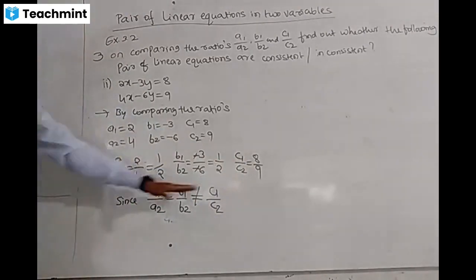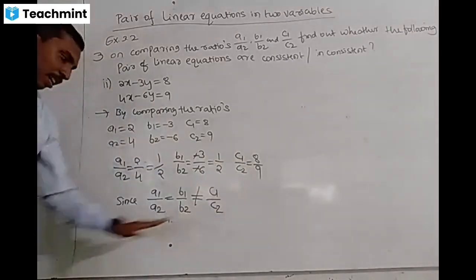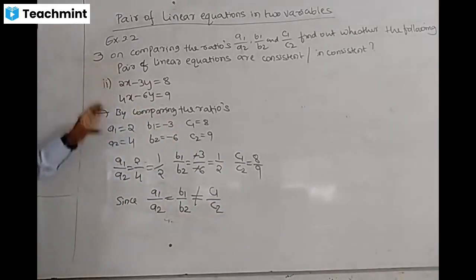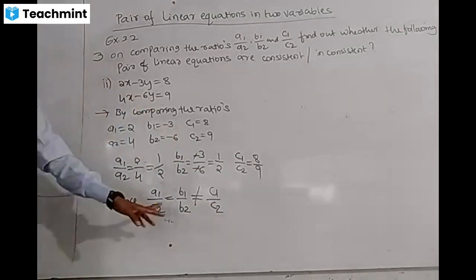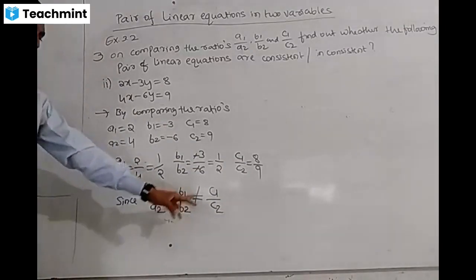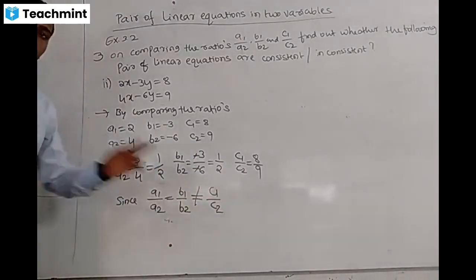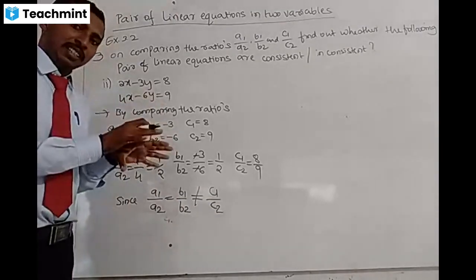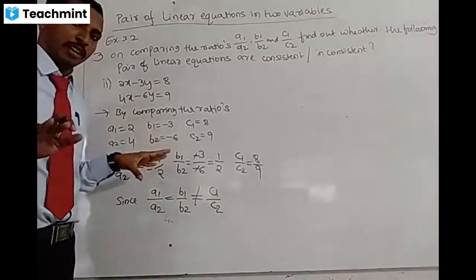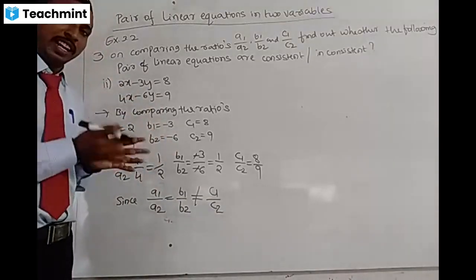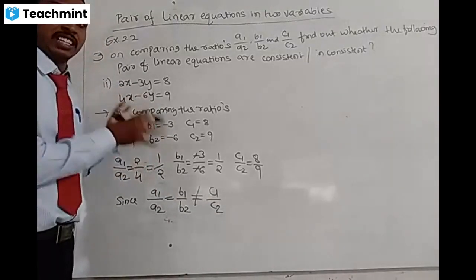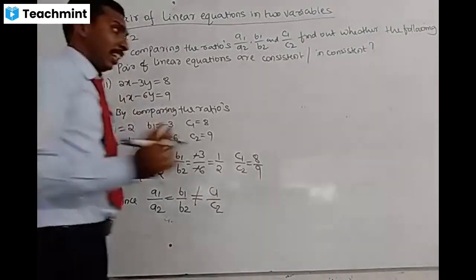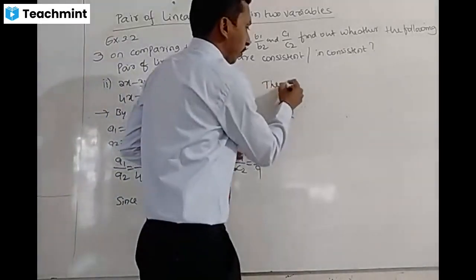So by looking at the ratios, the given pair of equations represents which line? They represent parallel lines. If they are parallel lines, they don't have any solution, and if they don't have any solution, then it is inconsistent. Understood?